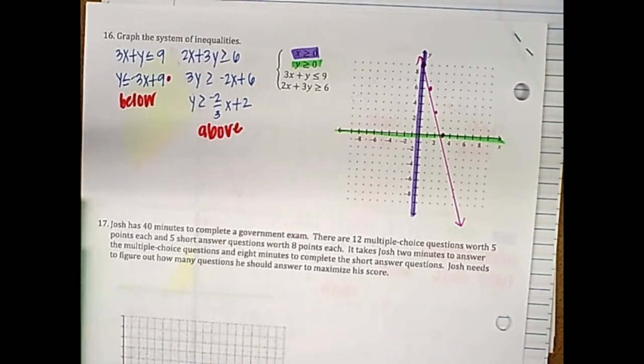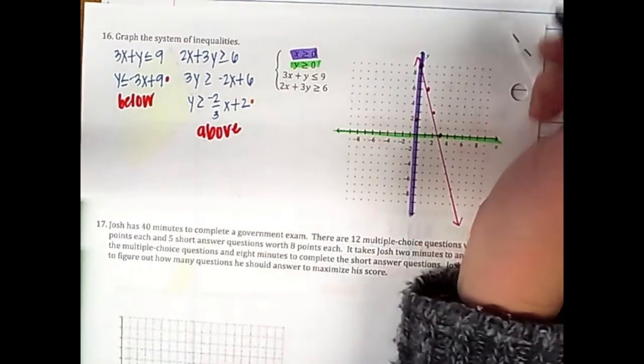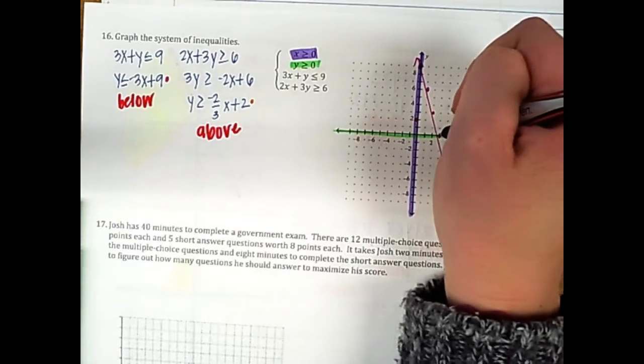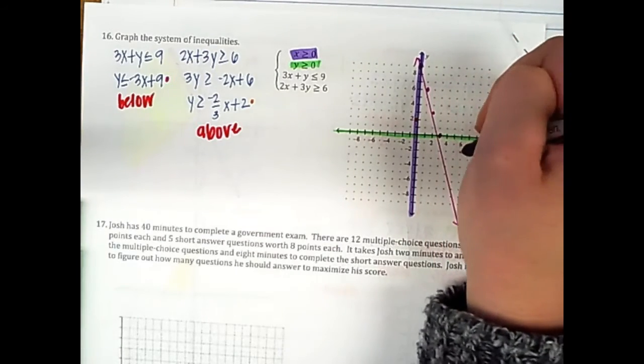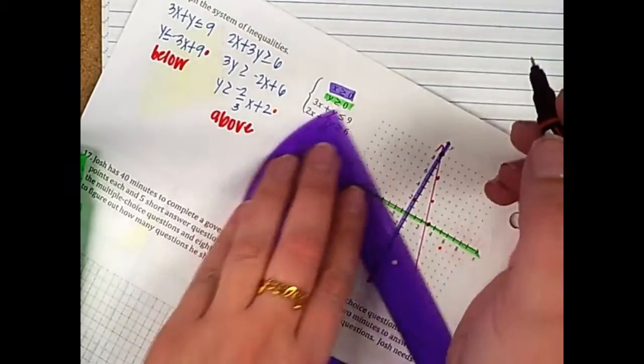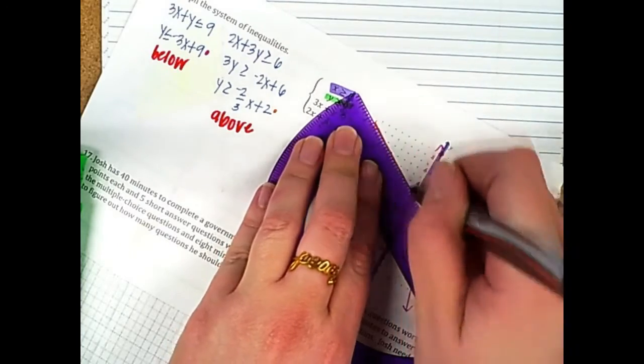Okay, and then we are going to graph my other line, which is starting at positive 2. And it's a negative 2/3 slope, so down 2 over 3, down 2 over 3. And again, we graph our lovely line.